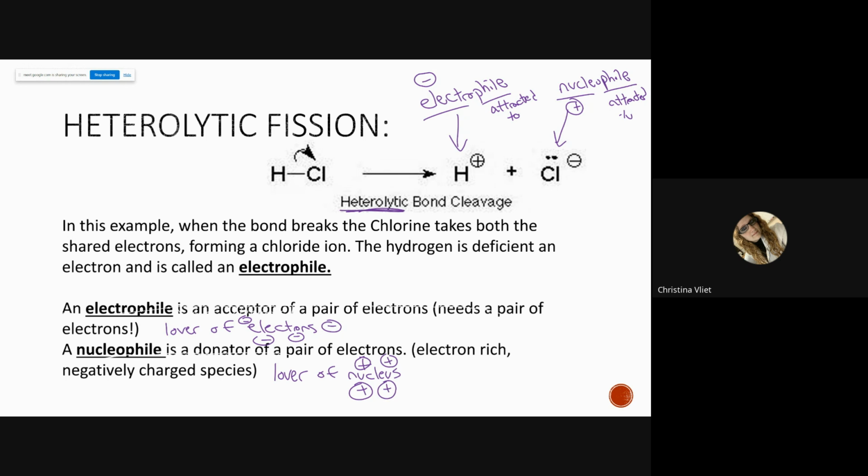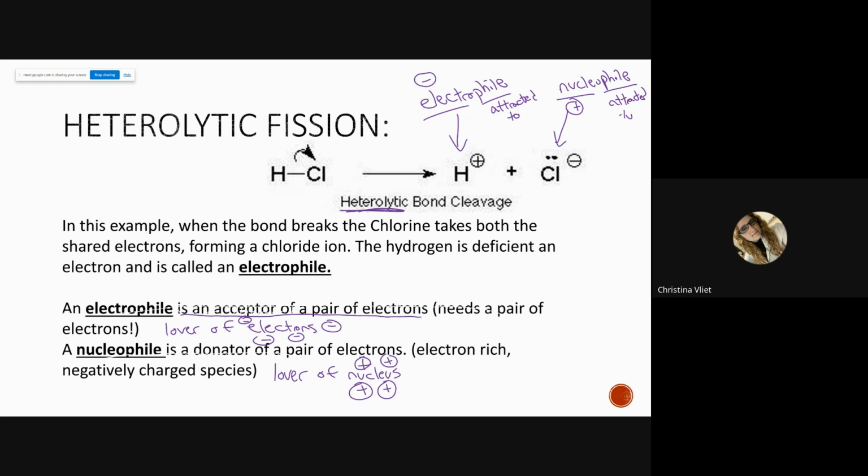And so henceforth, when we have reagents that are negatively charged in all of these different types of reactions, we are going to call them nucleophiles. That's going to be their name. So far, so good? Notice here that it also says that an electrophile is an acceptor of a pair of electrons, meaning that something that loves electrons will get electrons in a reaction.